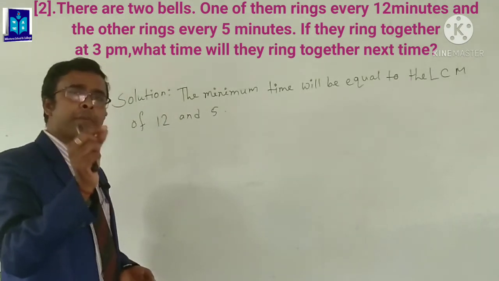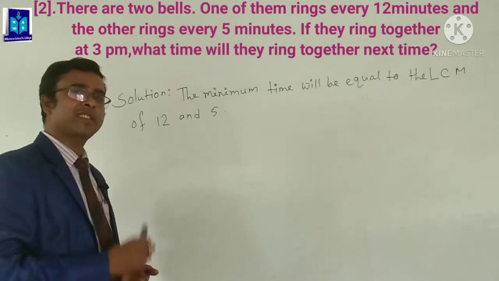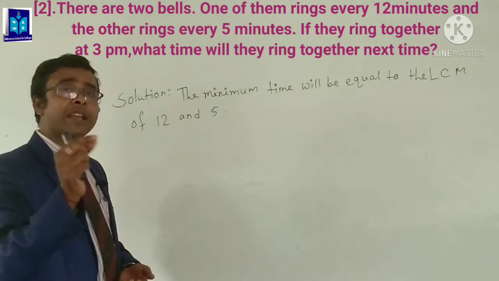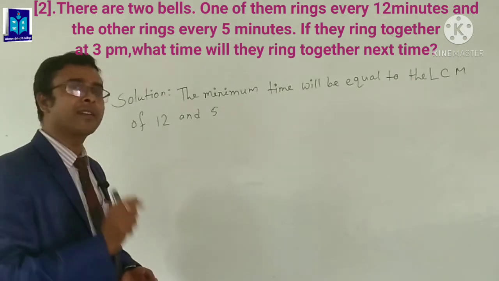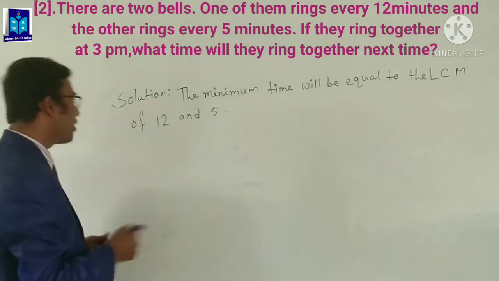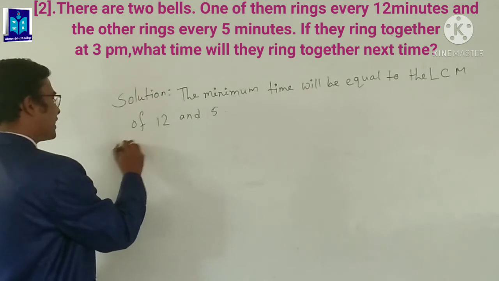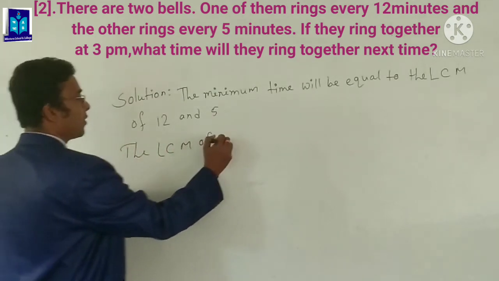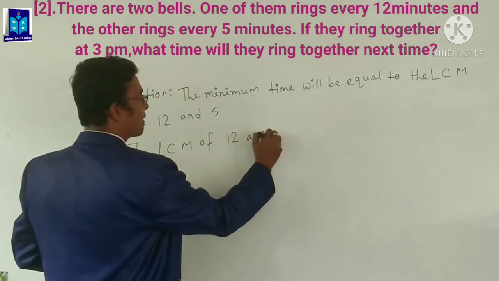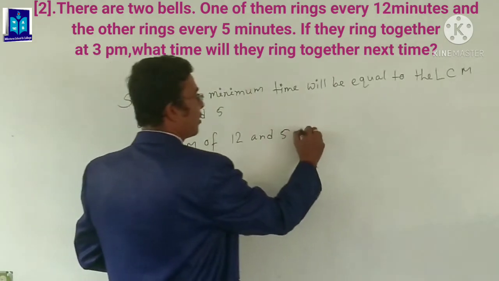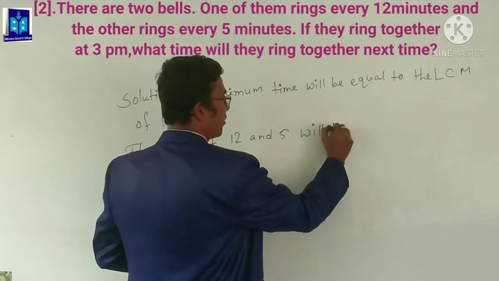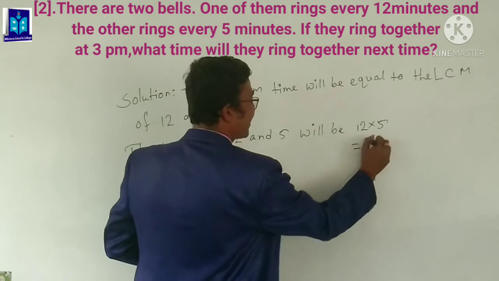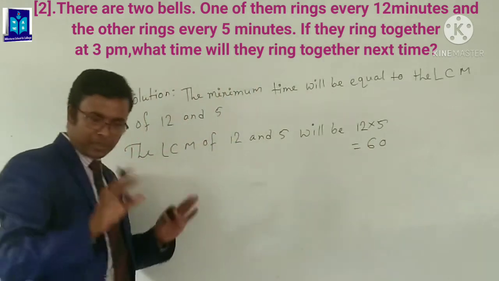We know if 2 or more numbers do not have any common prime factors, their LCM will be product of the numbers. So we can write here the LCM of 12 and 5 will be 12 multiply 5. That means 60.